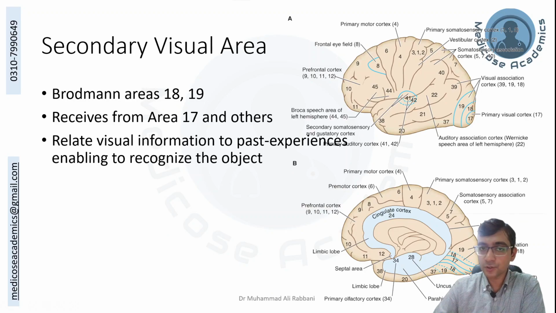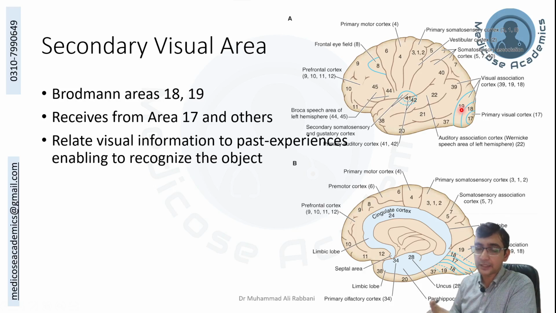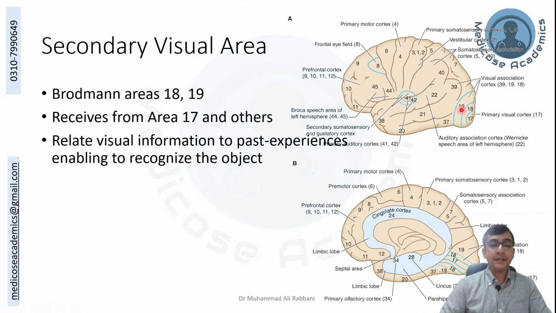Then there is this visual association area, the secondary visual area. These are areas number 18 and 19, and its function is similar to that of other association areas. It gets the information that was received in area 17, the primary visual cortex, and relates that to past experience and makes it something recognizable.